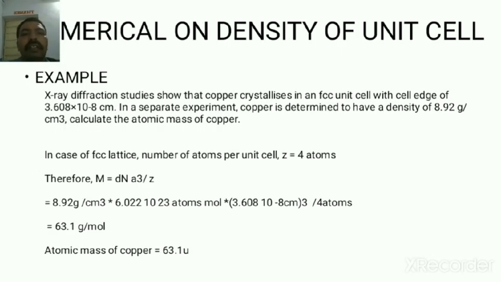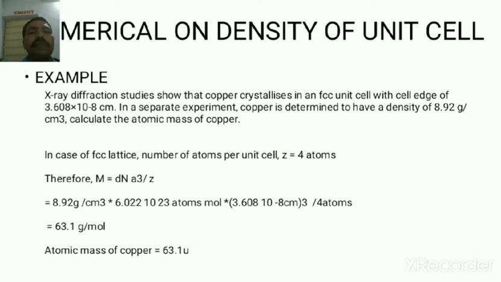First numerical: X-ray diffraction studies show that copper crystallizes in an FCC lattice with cell edge of 3.608 into 10 raised to power minus 8 centimeter. In a separate experiment, copper is determined to have a density of 8.92 gram per centimeter cube. Calculate the atomic mass of copper.